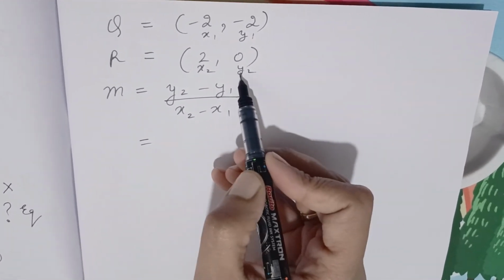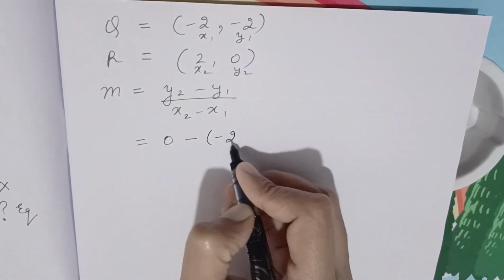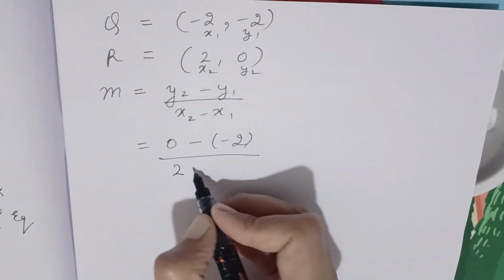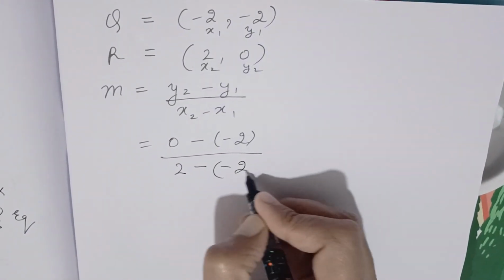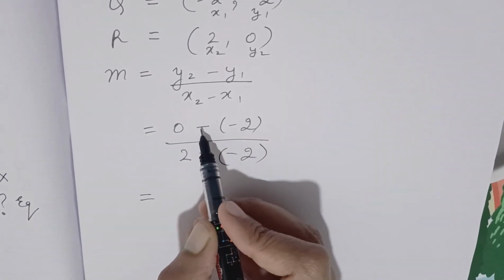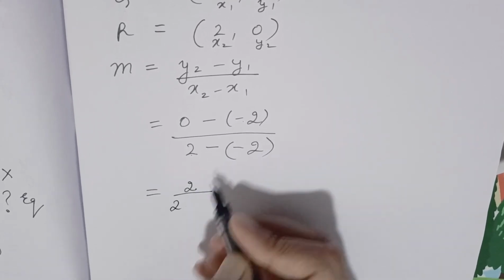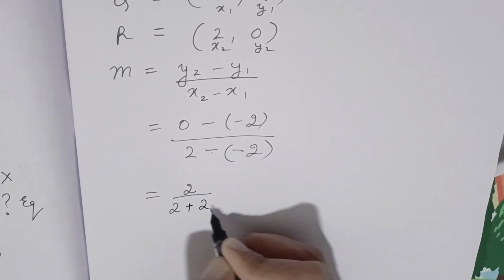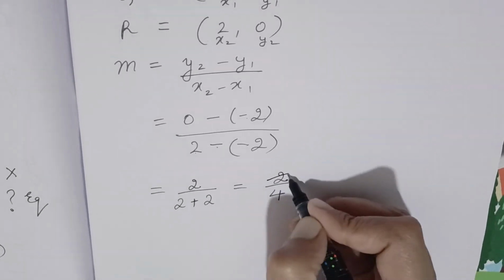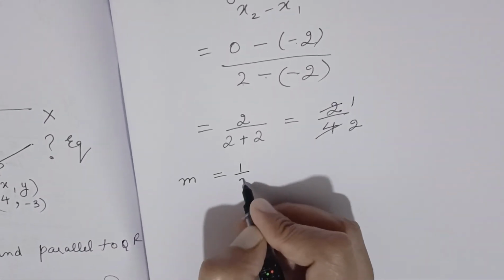So let's substitute. y2 is 0, minus y1 is minus minus 2, x2 is 2, minus 2. So it has become 0, no need of writing. Minus minus plus 2, I have got it. Again 2 minus minus plus 2. So I have got 2 by 4. We can cancel it, so 1 by 2. So the slope's value I have got is 1 by 2.